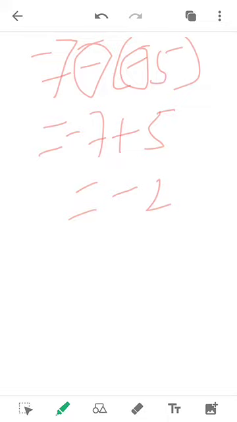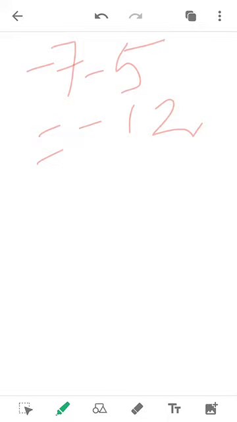If we have to get the difference between two integers, minus 7 minus 5 is equal to minus 12.